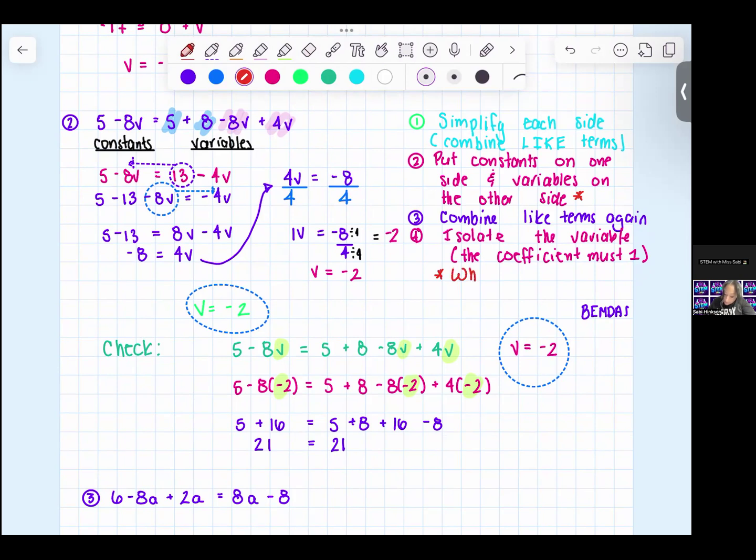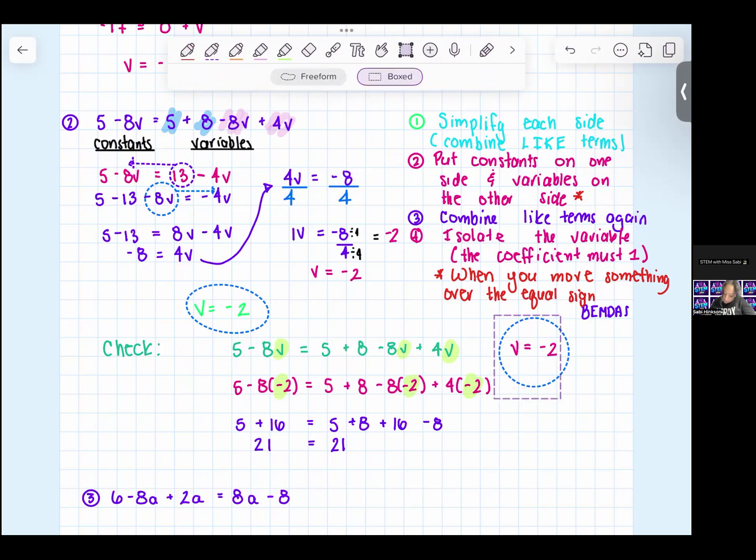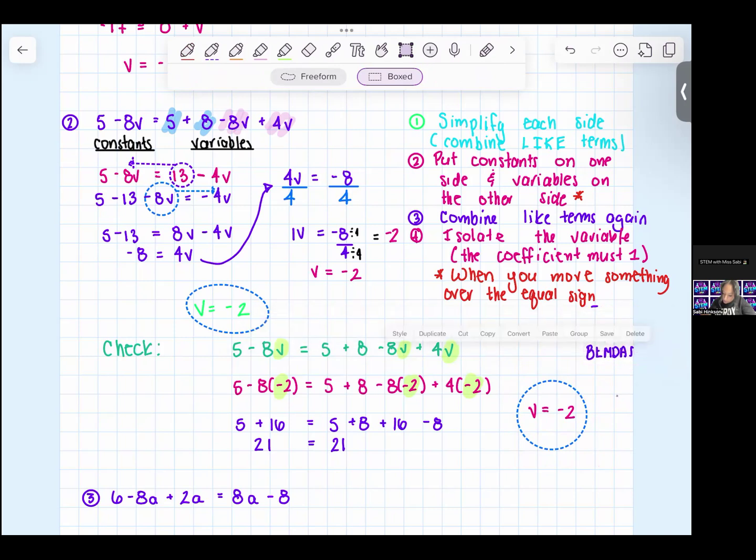When you move something over the equal sign, okay, so I'm just going to move this stuff out of the way. And let me move this. I'll fix this.